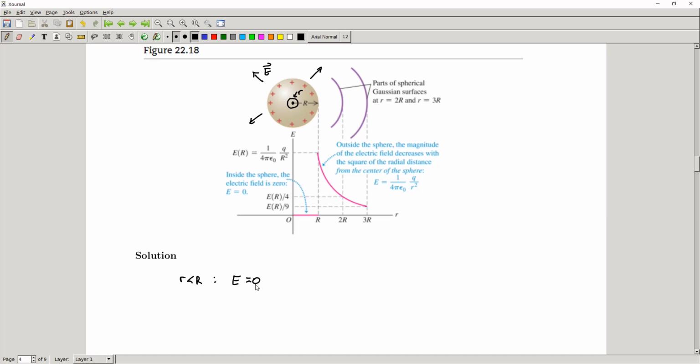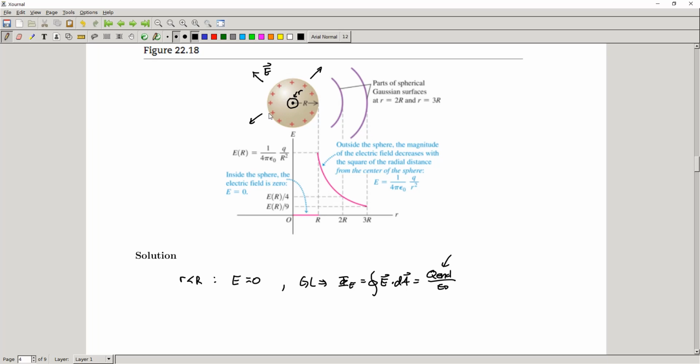Or if we forgot that, that's sort of a theorem that we talked about, we could use Gauss's law, and Gauss's law would tell us that this is the case, right? We would have the integral of E dot dA equal to Q enclosed over epsilon naught, except that our Q enclosed here, because small r is less than big R, we haven't hit the charge yet.